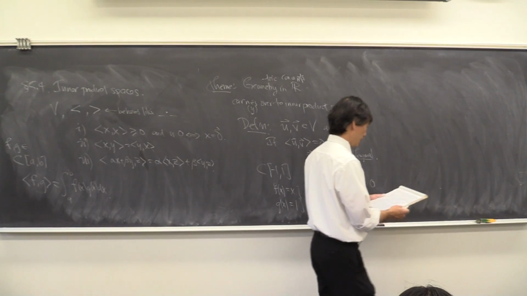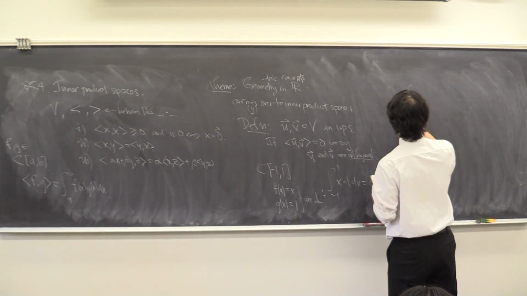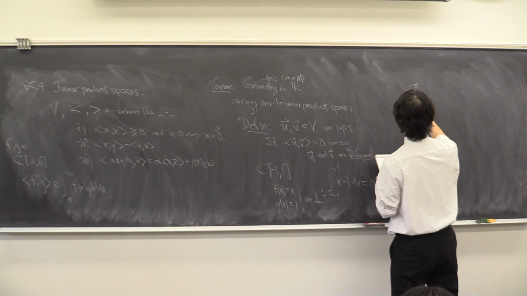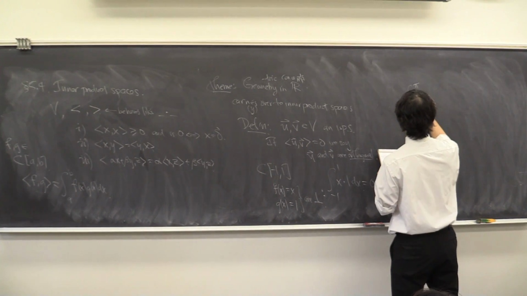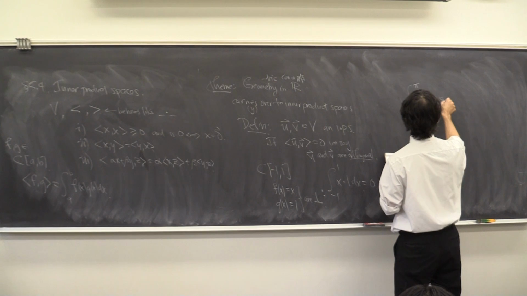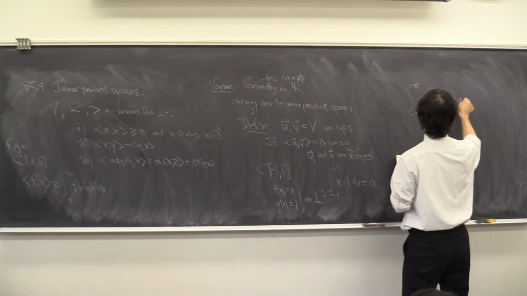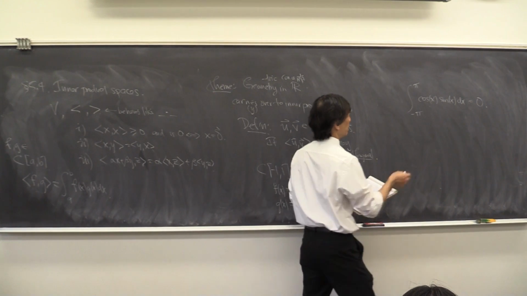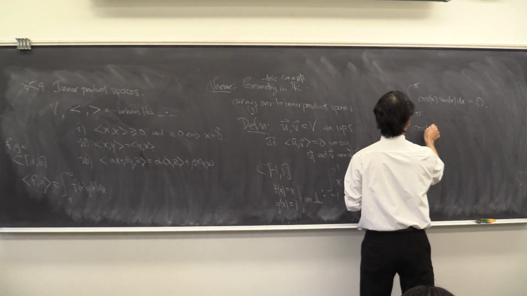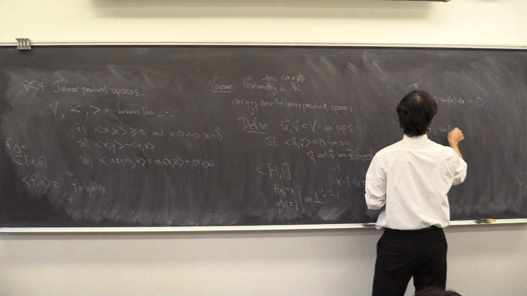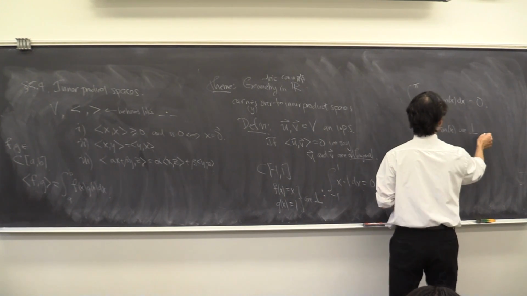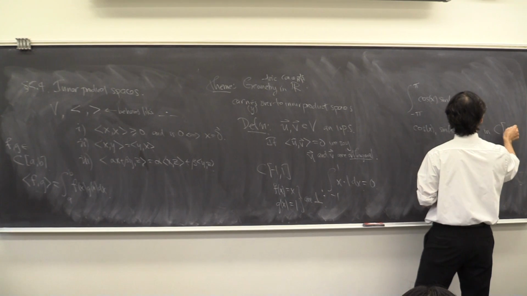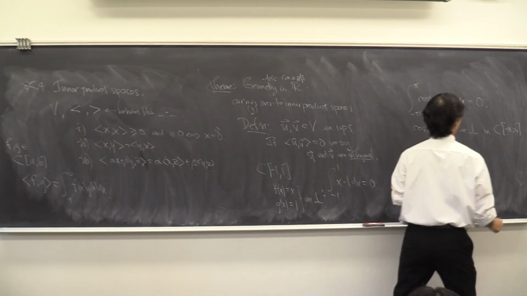Another example: if you take the integral over negative pi to pi of cosine x against sine x, that also turns out to be 0. So cosine and sine are orthogonal in the continuous functions from negative pi to pi.